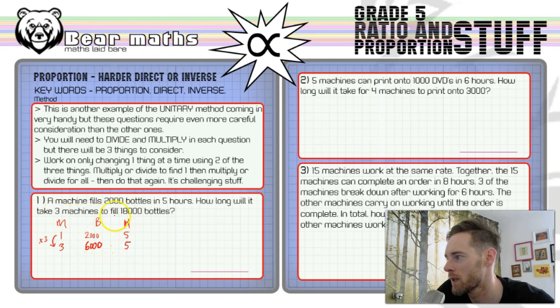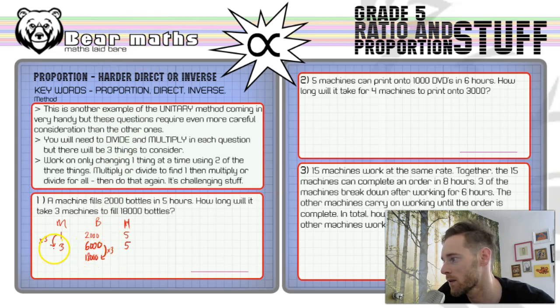Ultimately, we want to know how long it's going to take them to do 18,000 bottles. So we're going to change the 6,000 to 18,000, which is a number we can get by multiplying 6,000 by 3 again.